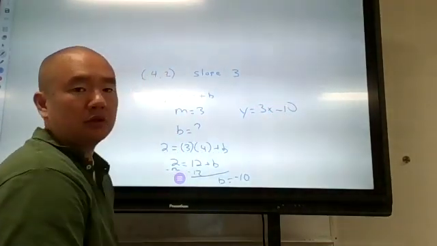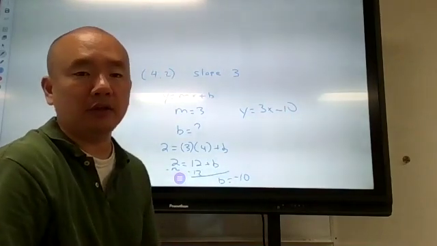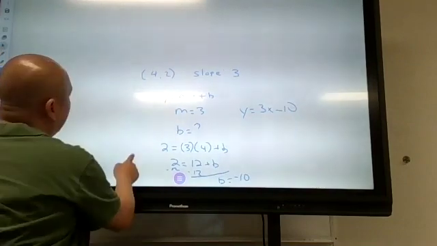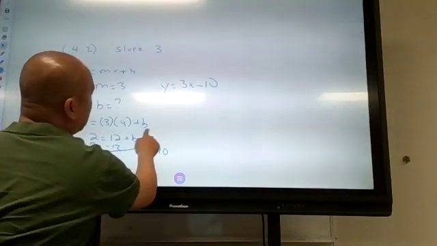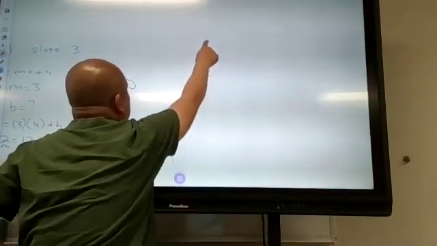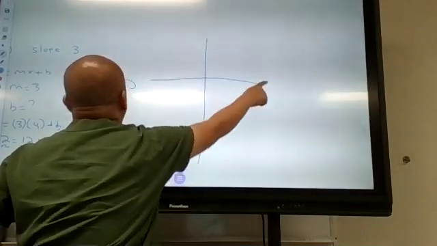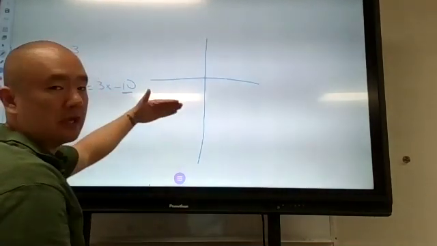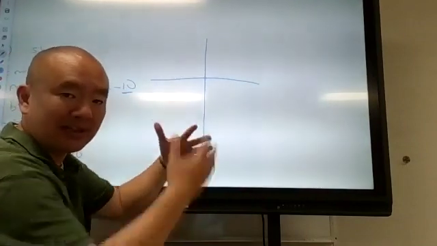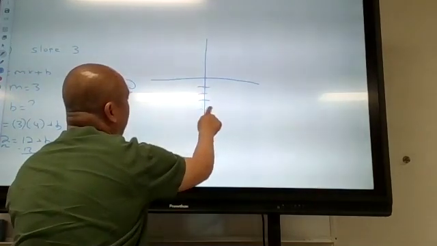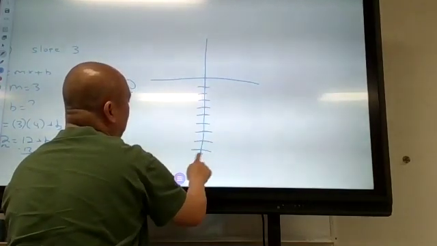Now they're asking for you to graph. When you graph, we have this equation, y equals 3x minus 10. Remember, this is the y-intercept, where the line hits the y-axis. So I'm going to go down 10: 1, 2, 3, 4, 5, 6, 7, 8, 9, 10.